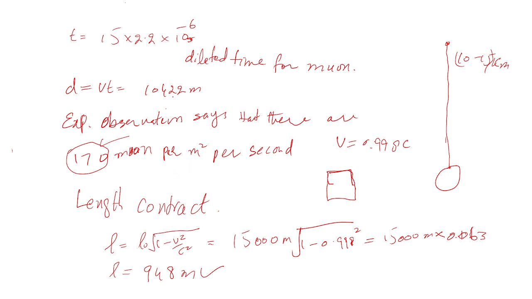So not only is time dilated, but these two things happen for the muon: time is dilated, length is contracted, and the 15,000 meters becomes 948 meters for the muon. So time dilated and length contracted for the muon, that is why we see 170 muons per meter square per second.